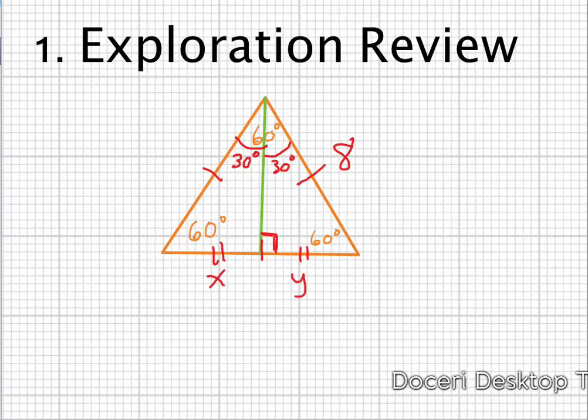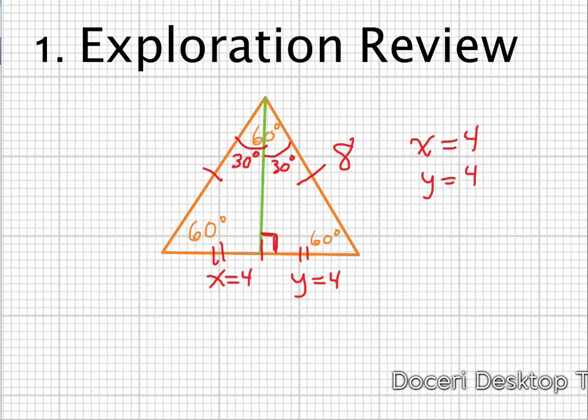Since the whole thing is 8, if I were to draw the altitude down, it would also get cut in half. So that means if all side lengths are 8, they would all get cut in half to equal 4, which means my x would have to equal 4, but so would my y. So in that first example, you'd have x equal to 4 and y equal to 4.